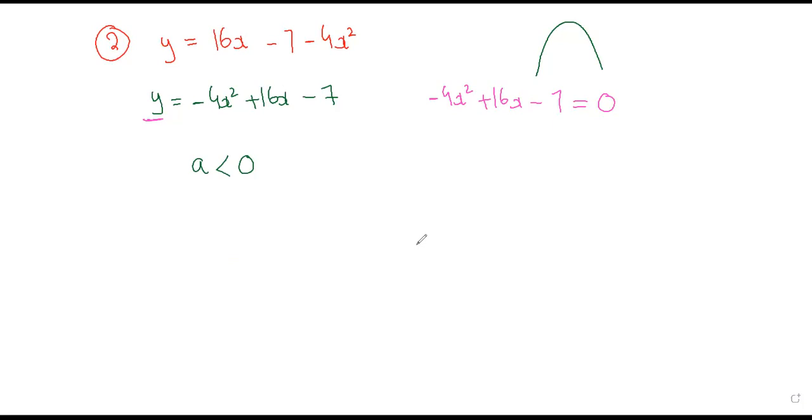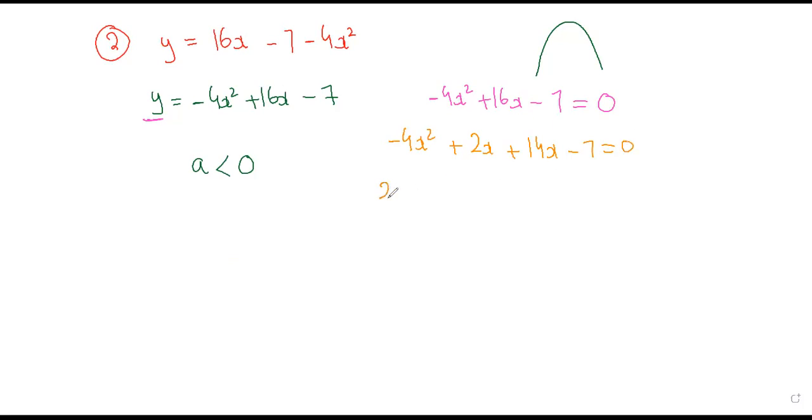Okay. I know that I need two numbers such that when I multiply them, I get positive 28x squared. Okay. So it could be 2 and 14. So I can write it down this way: minus 4x squared plus 2x plus 14x minus 7 equals 0.